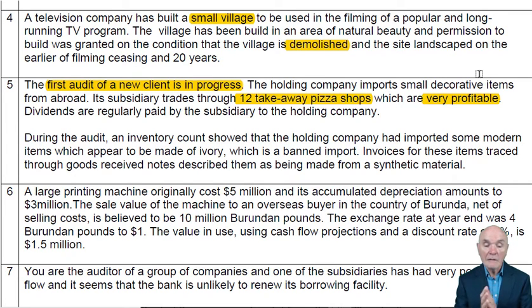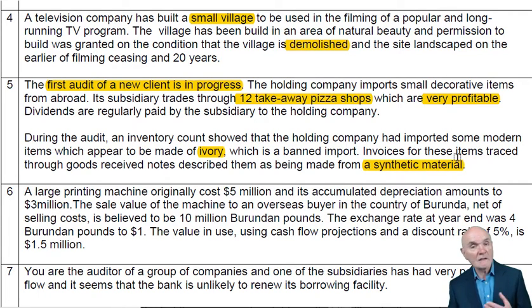And then we see they're importing these items from abroad, which appear to be made of ivory, a banned substance. The goods received notes say, and presumably the invoices say, that these are made of a synthetic material, but to what extent can we trust that? Should we, for example, get an expert in to test these imports to see if they are plastic or if indeed they are ivory?